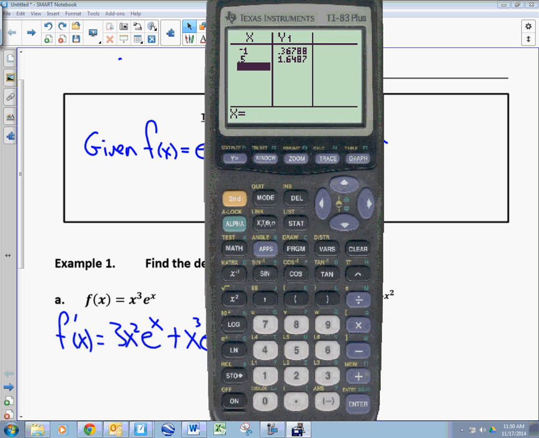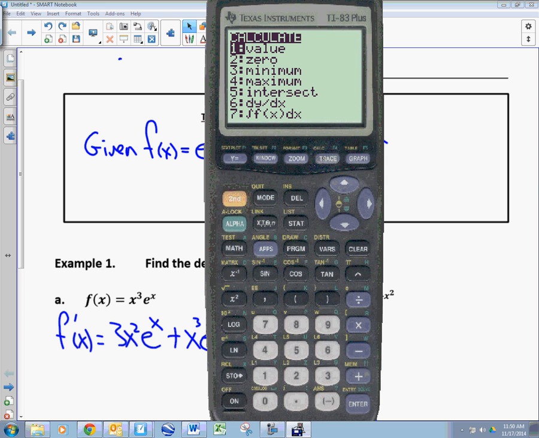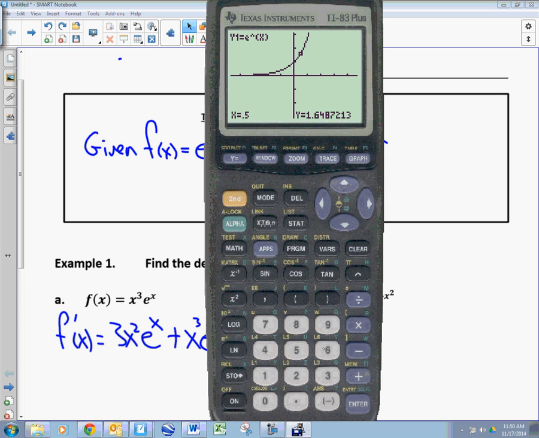If I go to my table and type in negative 1, I get 0.367.